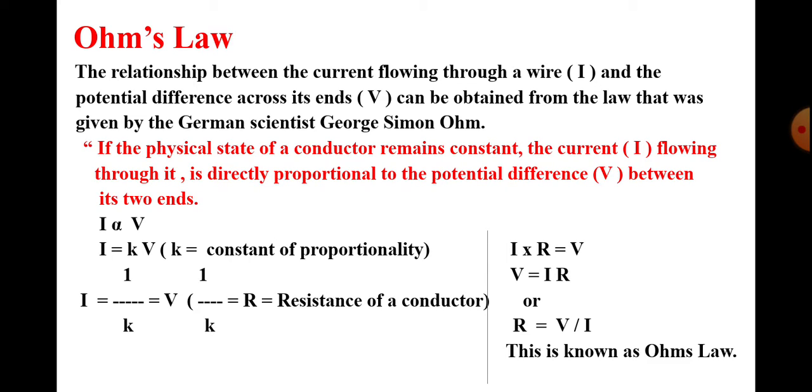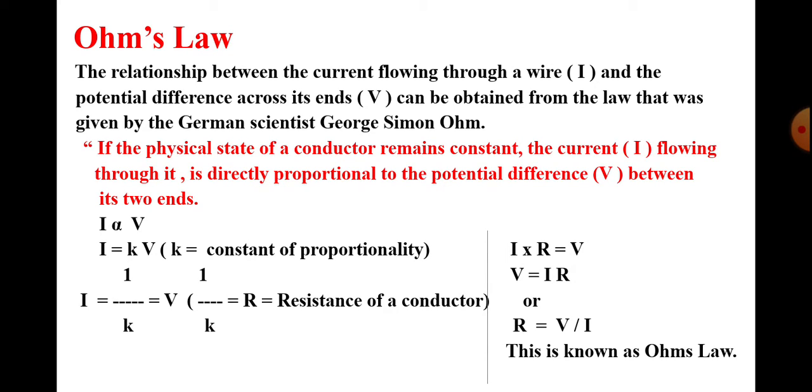Ohm's law: current is directly proportional to the potential difference. Therefore, capital I is directly proportional to capital V. I is equal to kV. Here, k is the constant of proportionality.